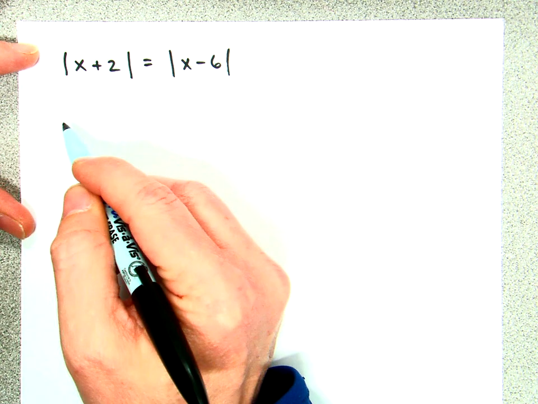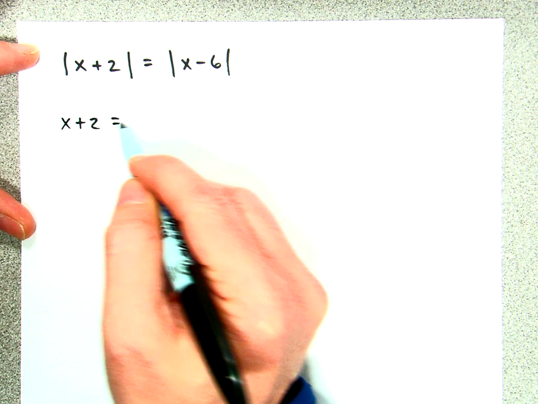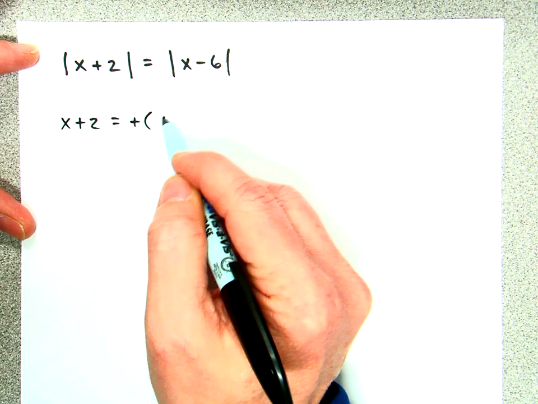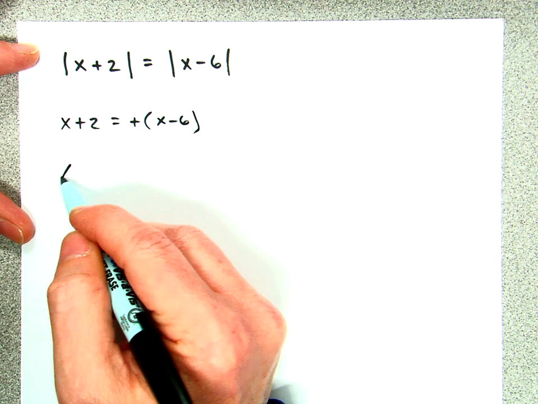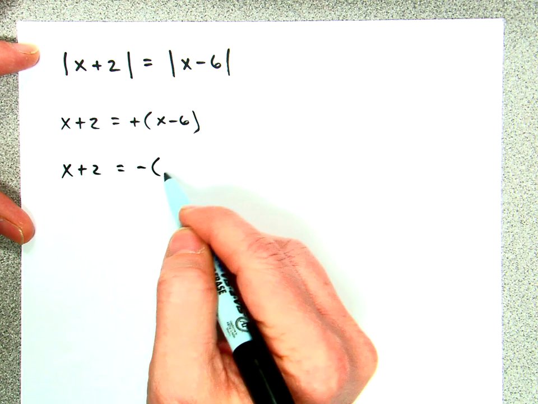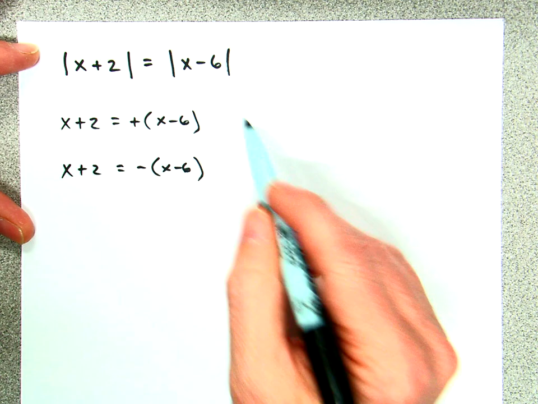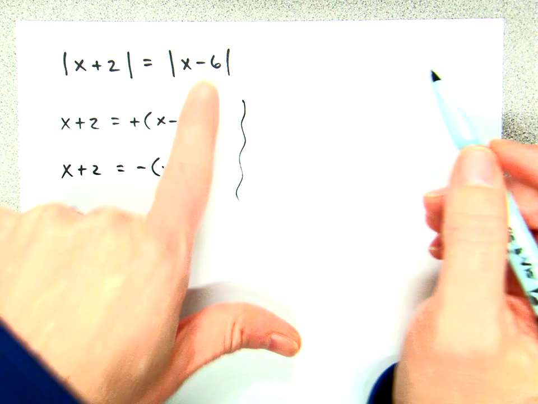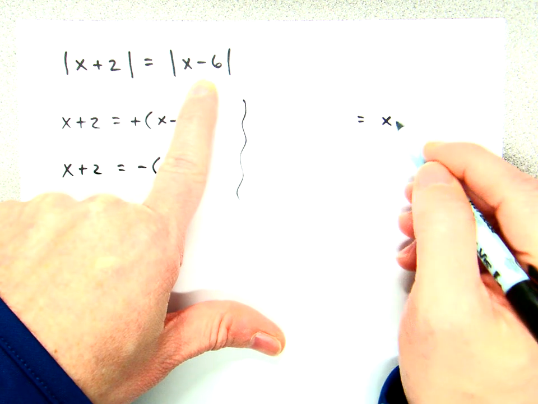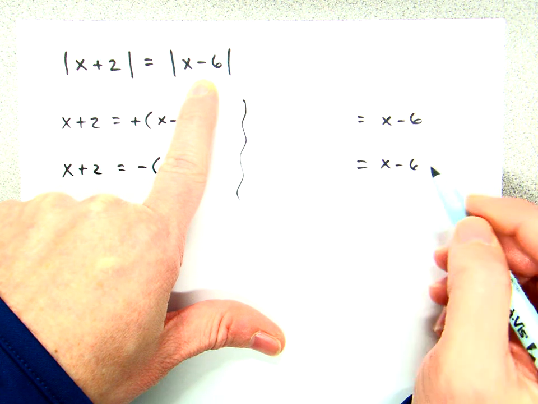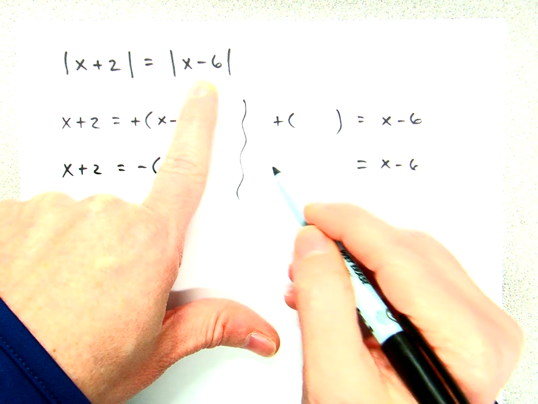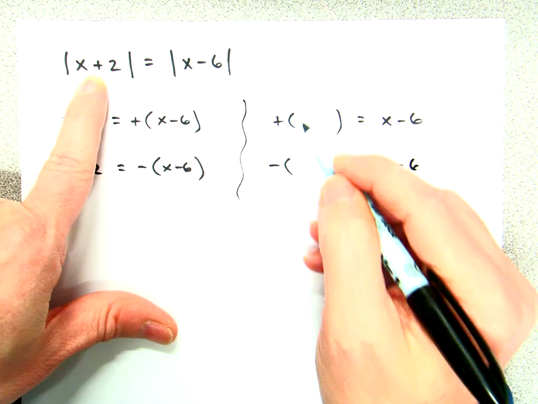So I'm going to start off with the left side is either equal to the positive of this, or the left side is equal to the negative of this. Or we can say that this right side is either equal to the positive version or the negative version of this other side.